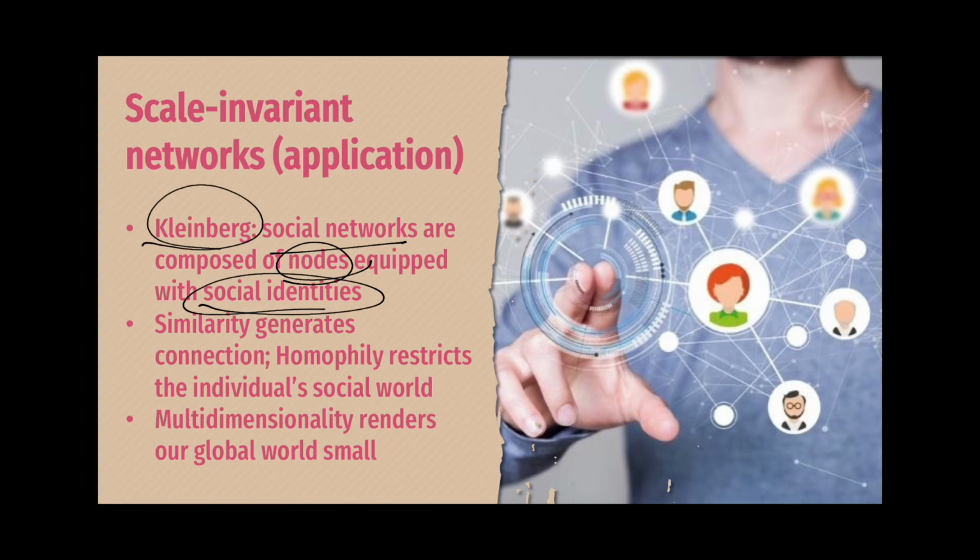Our behaviors can be predicted, but it's kind of chaotic because there are a lot of internal factors within us, our psychological and biological factors that influence our behavior as a node in that system, and also external factors, our immediate social groups, the social institutions that we belong to, and the different social discourses that influence our values and our beliefs and other taken-for-grantedness. So I think that was what Kleinberg is saying.